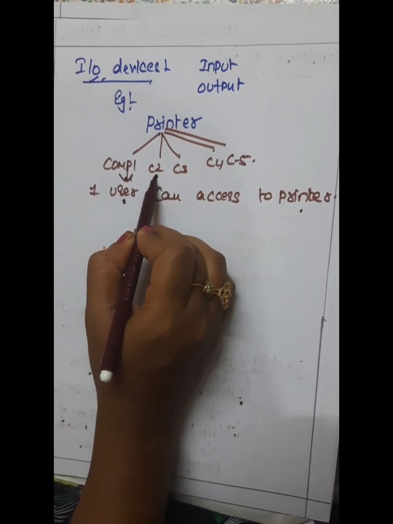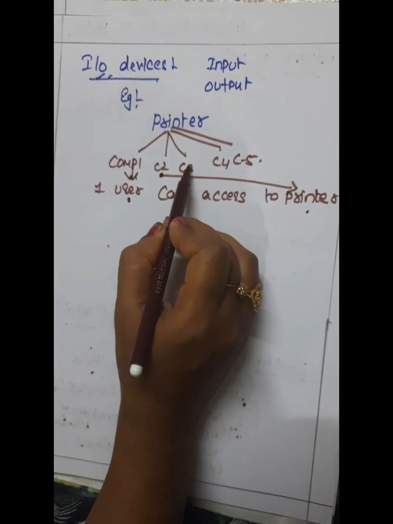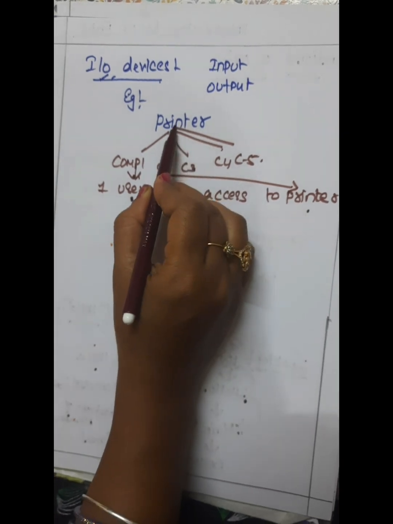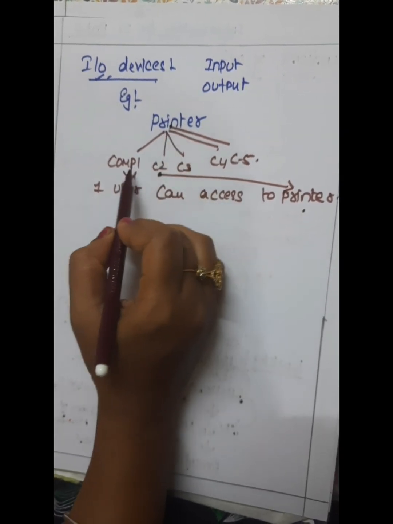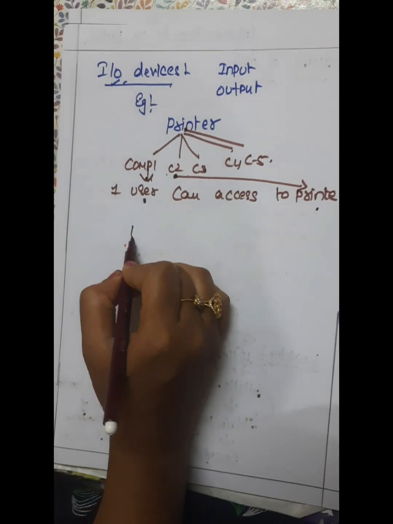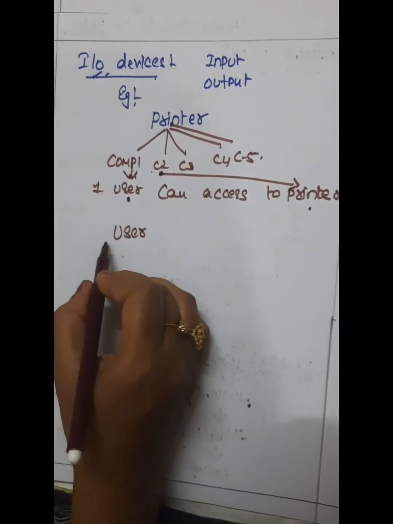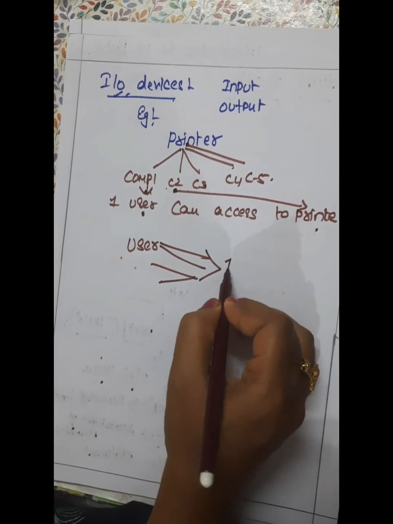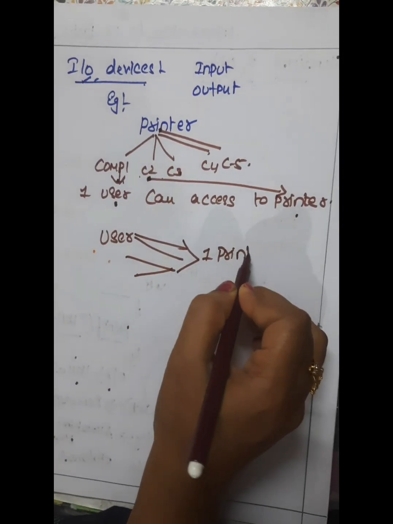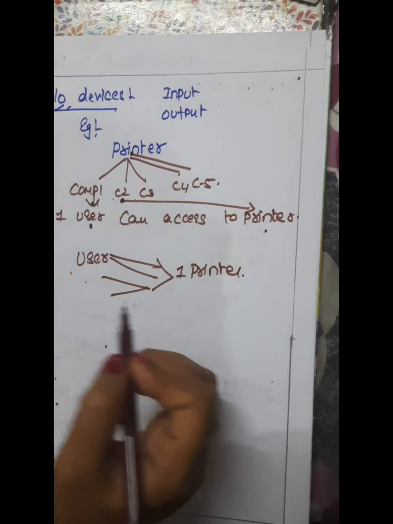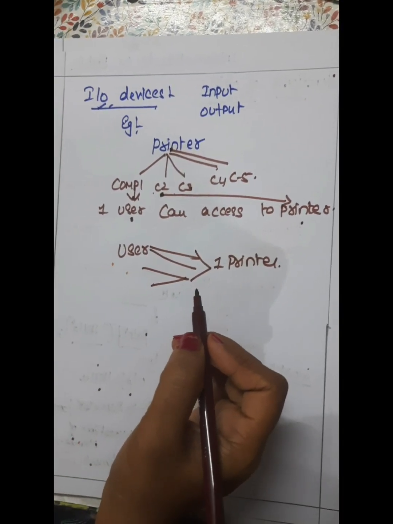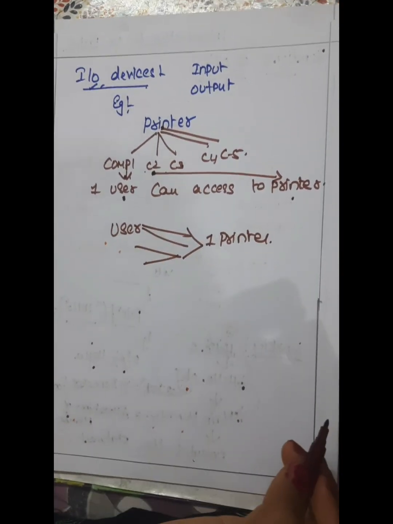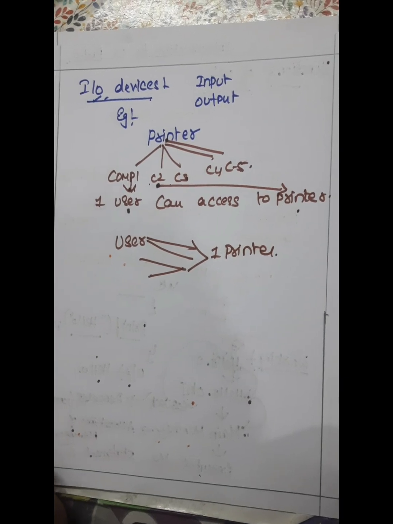The second user's computer will give a print to some other person. Computer 3, the user will give to the printer. So what happens here? Different users are many. These users are connected to only one printer, which is nothing but an I/O device. Clear? So this is a good example for I/O devices.